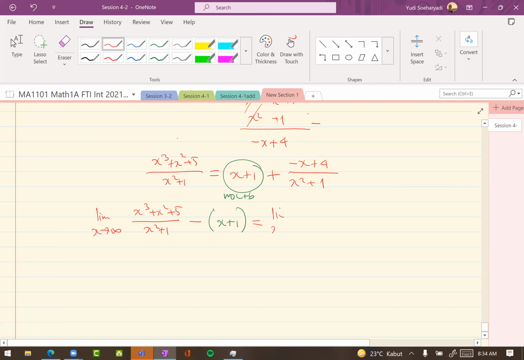So what's left is this. Okay. So when you have this one, you divide by x squared here.